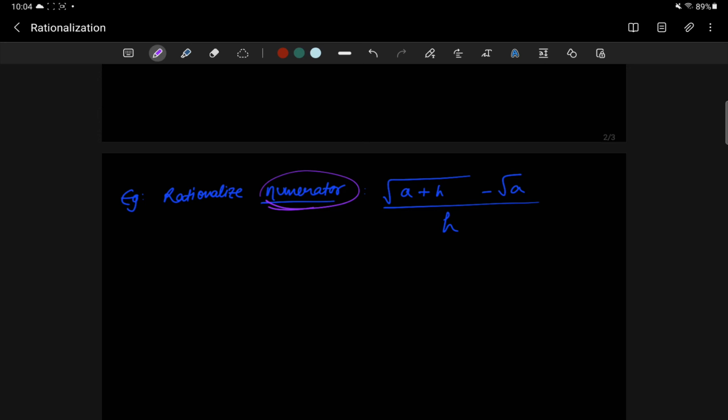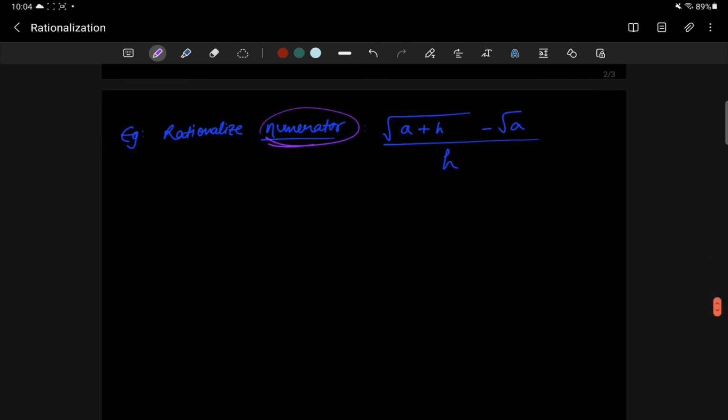The motivation behind the rationalization process doesn't change. So here we are going to multiply and divide by the conjugate of the numerator, because that's the one that we are trying to rationalize.